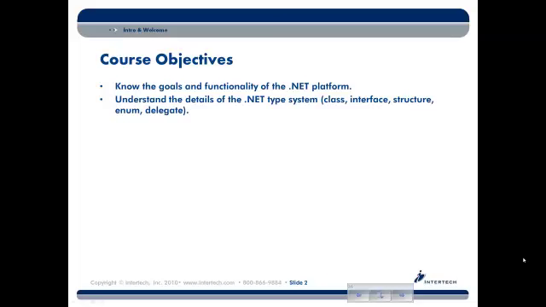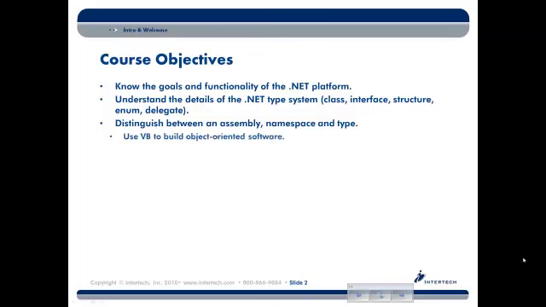There are 5 fundamental things that we use to build .NET software: class, interface, structure, enum, delegate, and attendees will be exposed to the details of all 5 of these things. We'll make sure that we cover the distinction between an assembly, a namespace, and a type, including topics such as building custom namespaces and why that's important.